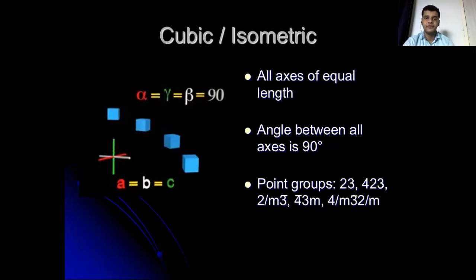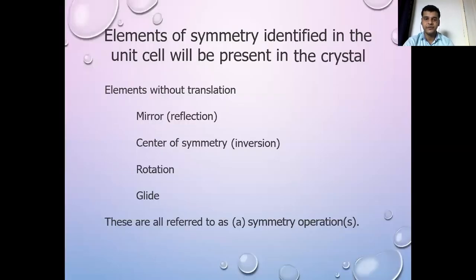Then if you go for cubic or isometric, all axes equal, the point groups are 2 3, 4 3, 4 2 3 and 2 4 bar, like that we can assign the point groups with respect to symmetry.